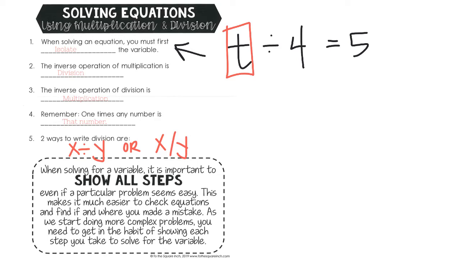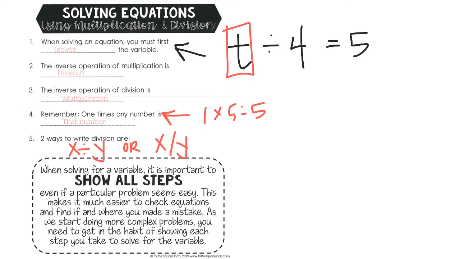So basically, we want to get rid of that divide by 4. The inverse, remember, just means the opposite. The opposite operation of multiplication is division. The inverse of division is multiplication. Remember, 1 times any number is that number. It stays itself. So 1 times 5 is still 5. Just something to keep in mind as we go.